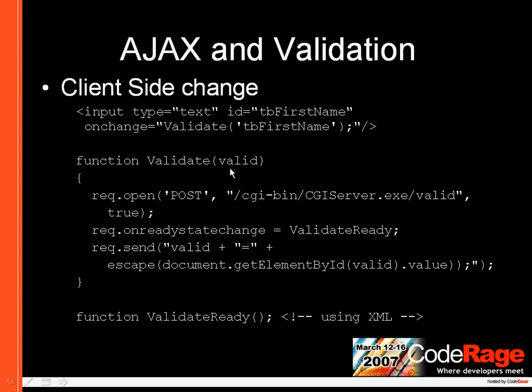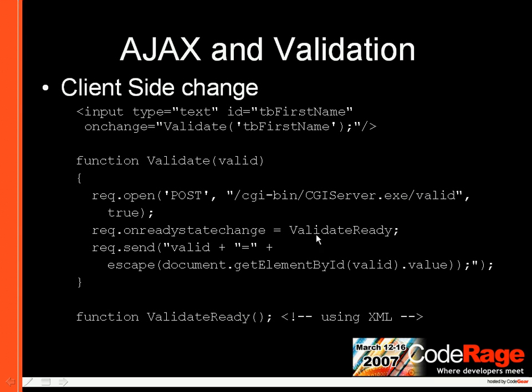Inside the validate method, valid here is the name of my control, so I can use the same function to validate multiple controls. We open a request with the post method, calling cgi-bin cgi-server.exe with a new action item /valid with an asynchronous request.